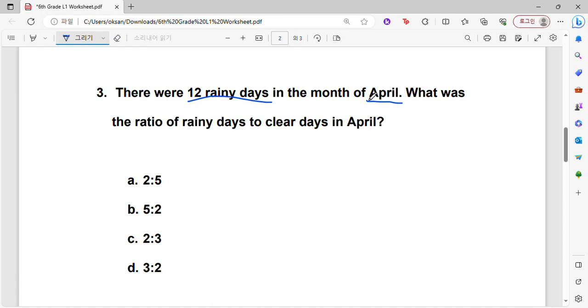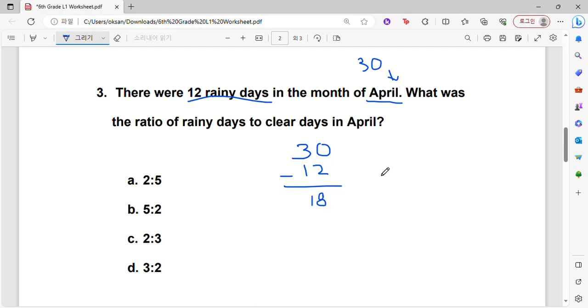So in the month of April, there are 30 days, and in order to find the number of clear days, we would have to subtract the 12 rainy days from the total number of days in April. So 30 minus 12, which is 18.